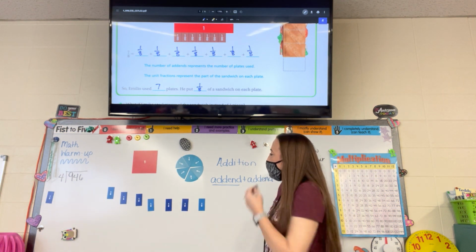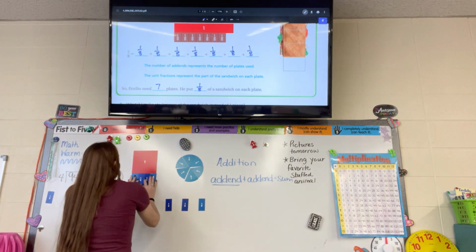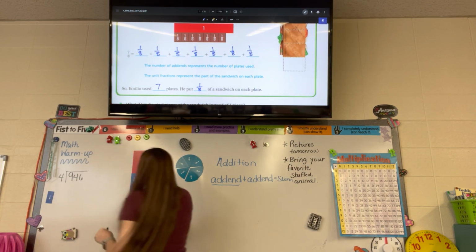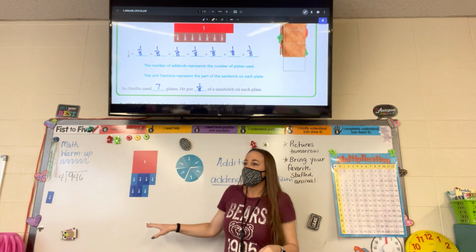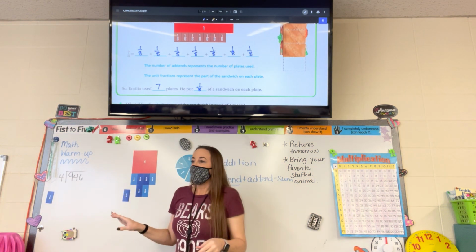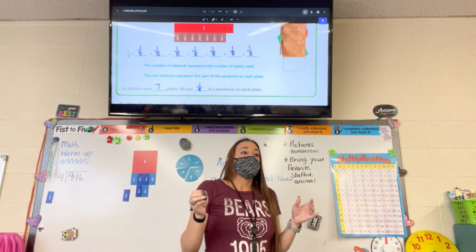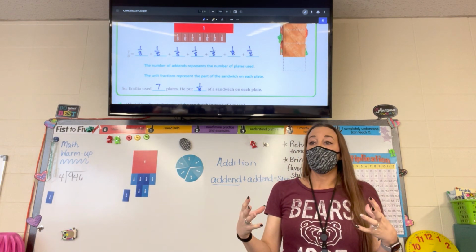One common mistake here, guys, that I've seen before is that after he eats one piece, students want to say that they put 1/7 on each plate. No. You have to remember that the denominator tells us how many pieces were in the original whole.